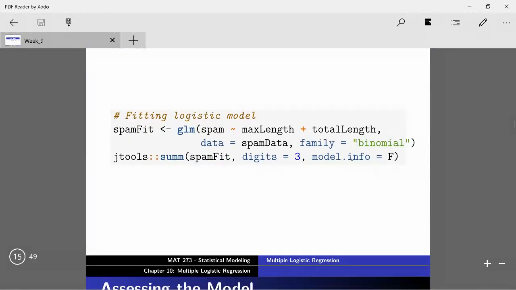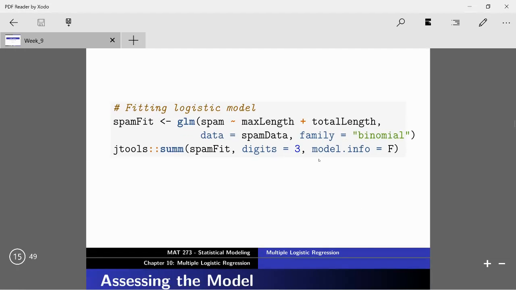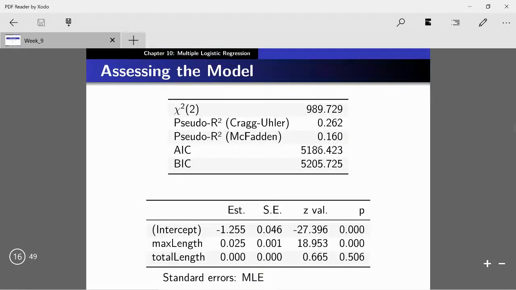Modeling this using a logistic regression model, using the glm function in R, we get this model output. What we see is that max length appears to be an important predictor in modeling whether or not the email is spam. The p-value is very close to 0, whereas total length does not appear important after accounting for max length.